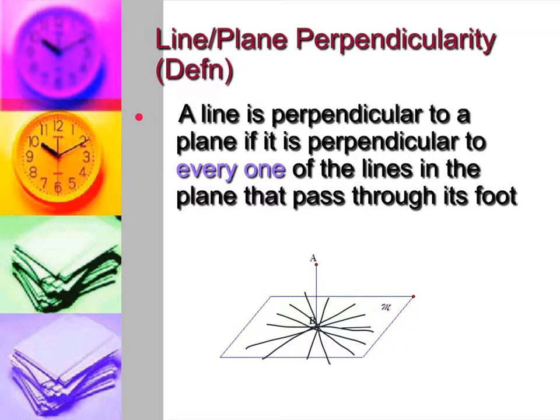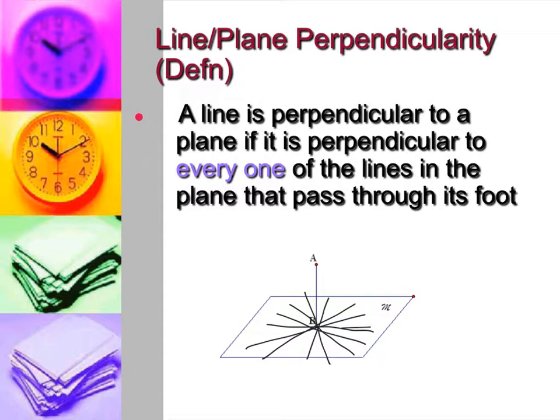And the converse of that is if we already have that AB is perpendicular to the plane, or we can prove that AB is perpendicular to the plane, then we get perpendicular to all of the lines in the plane that go through that foot. Okay? Because definitions are reversible, right?